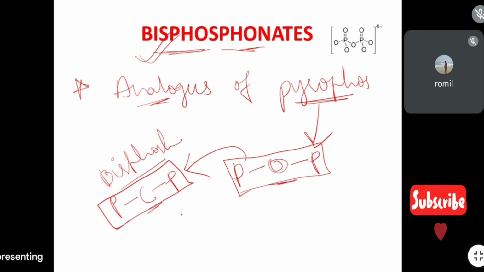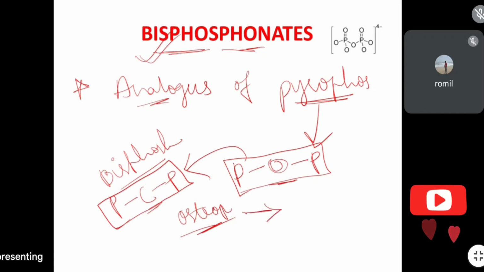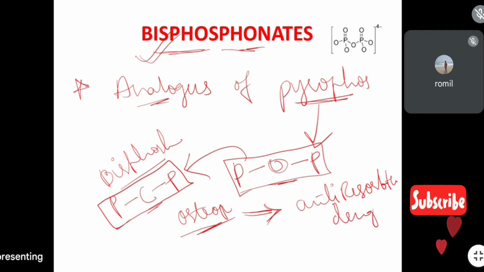Bisphosphonates are commonly used for osteoporosis. Why are they used for osteoporosis? Majorly these bisphosphonates are used as anti-resorptive drugs. You know what is anti-resorption? We have bone resorption.